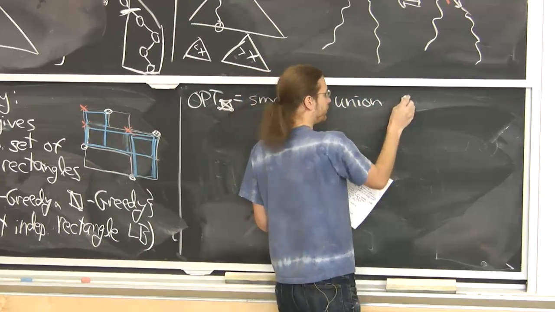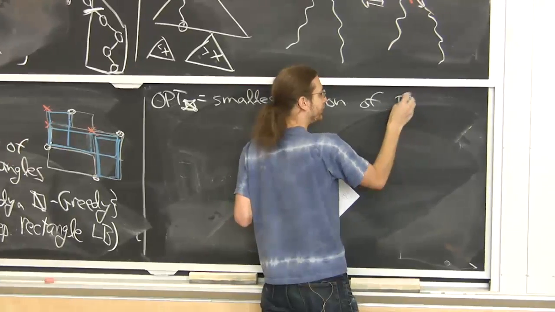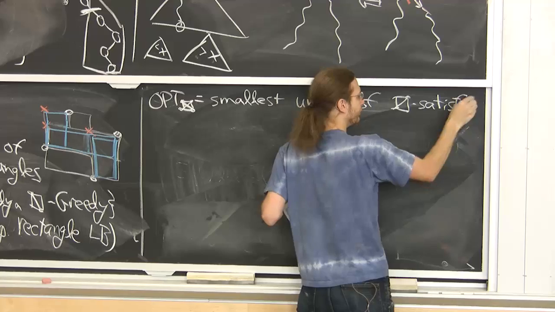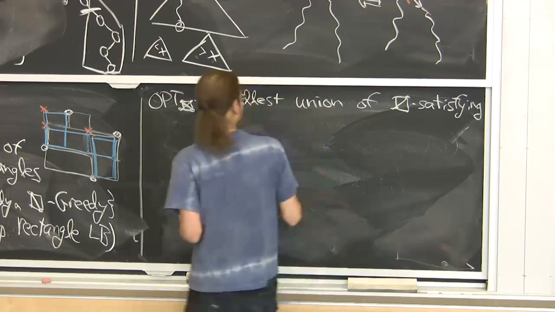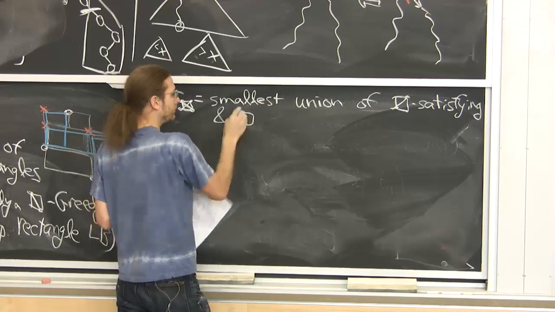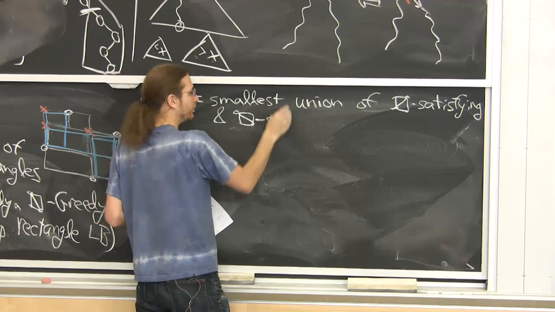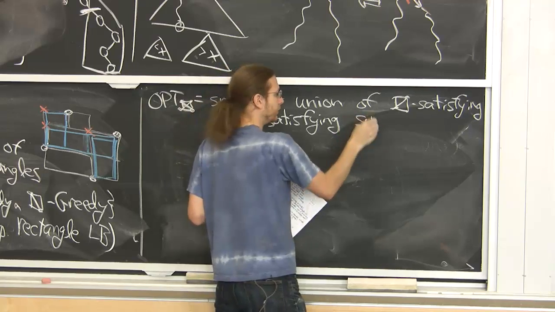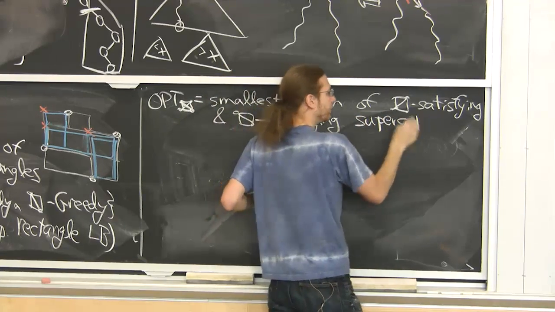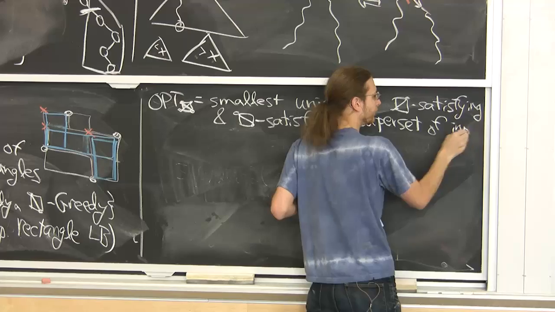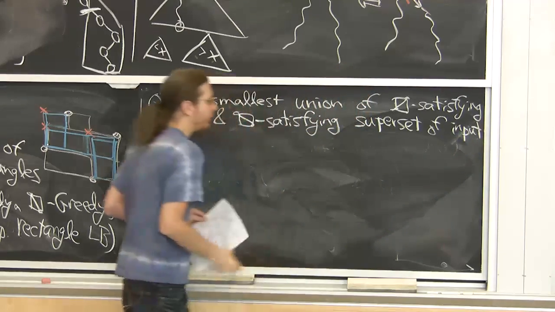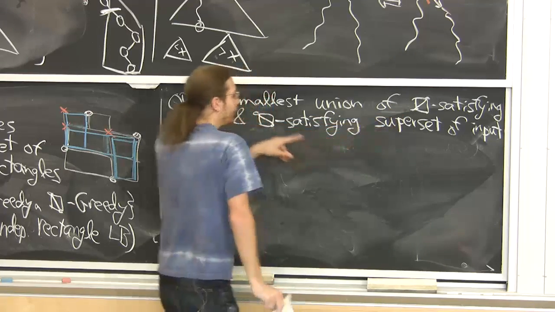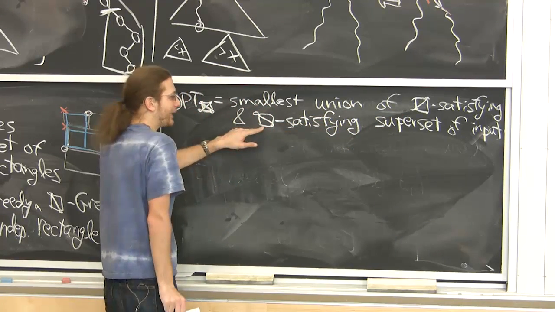It's sort of like if you consider plus rectangles separately from minus rectangles, which is what we're doing. So I would like a point set. First, I'd like a plus satisfying point set. And then I'd also like a minus satisfying point set.